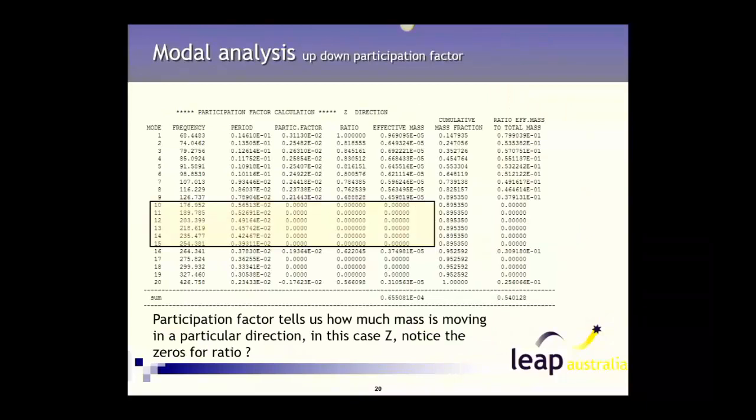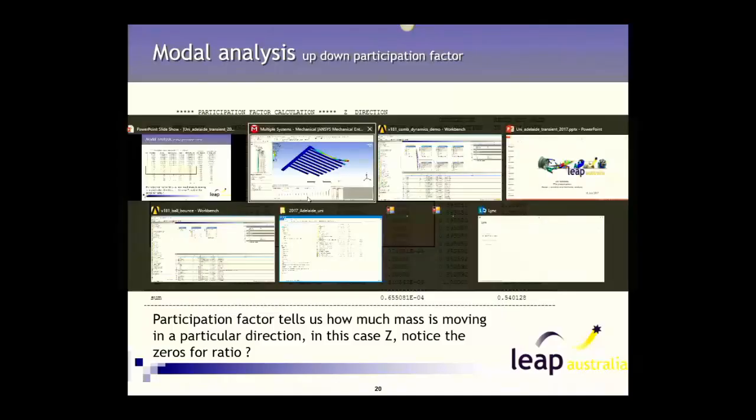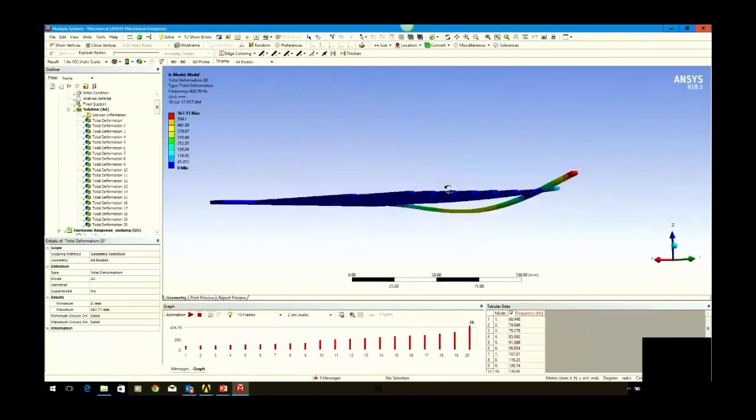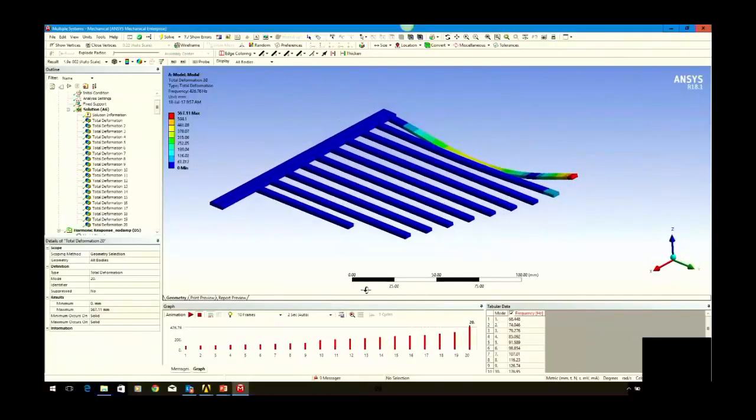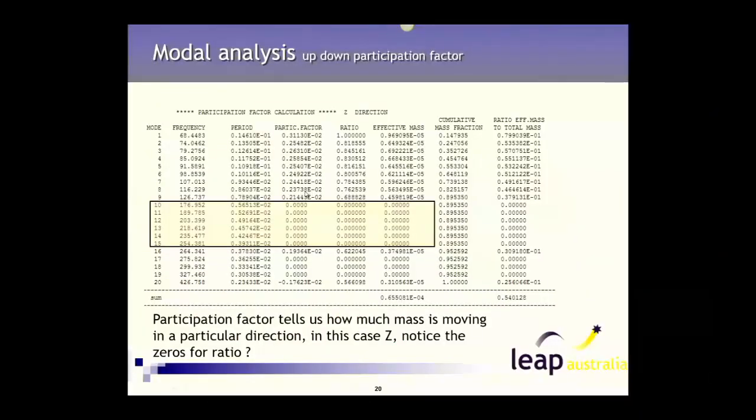Okay, in our solution output, there's this concept of participation factor. If I look at my geometry, this is the Z direction. This is telling me how much of my mass is participating in that particular mode. You can see the first mode has a ratio of 1, so this has the highest participation factor.